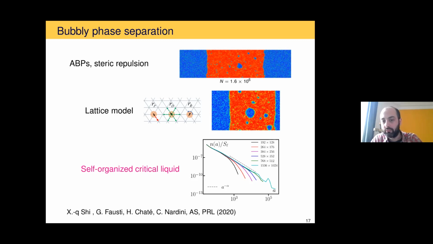But the outside gas phase plays the role of open boundary. And then you have this bubble dynamics that gives you bubbles of all sizes, and when they get expelled, you can see that as an avalanche in the sand pile.